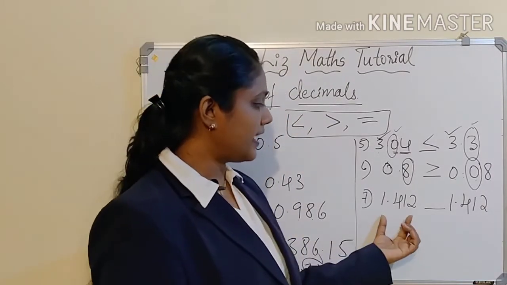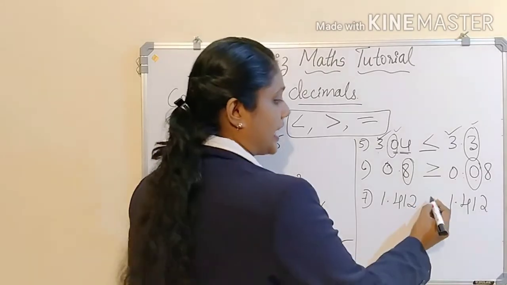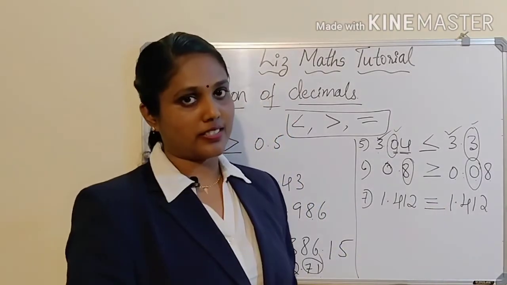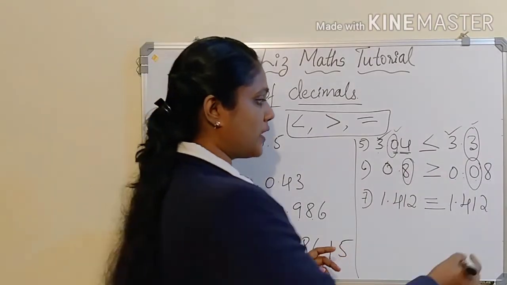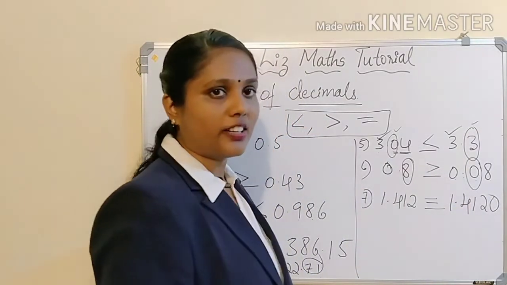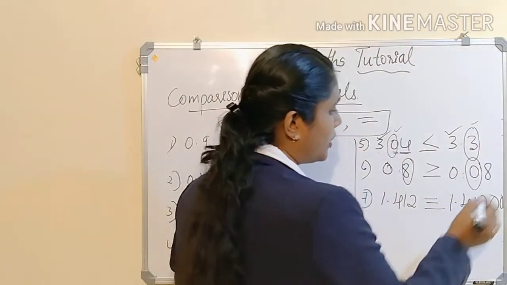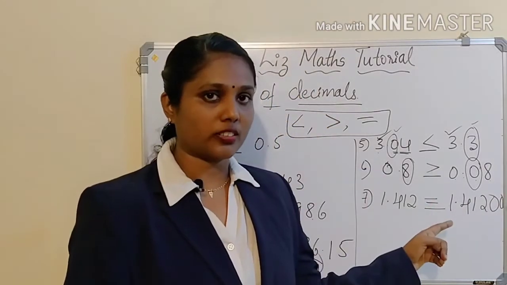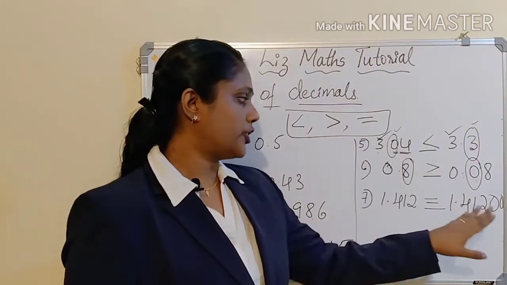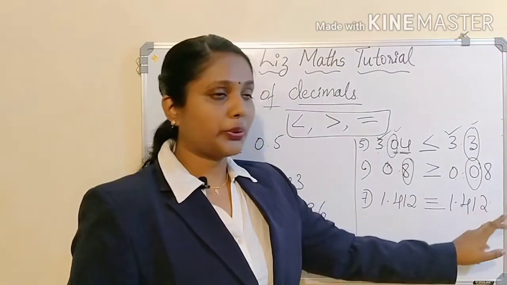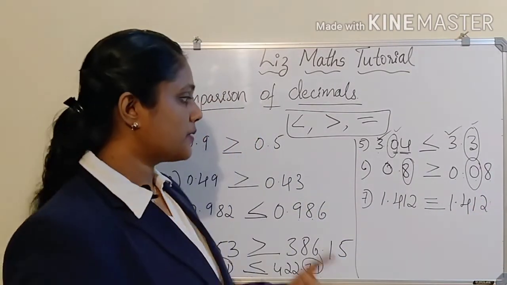So you can see these two are equal numbers. Hope you understood. These two are equal numbers. If you have 0 also, don't consider that. If you have 2 zeros also, don't consider. But if there is a digit, you have to consider that, but you should not consider 0 here.